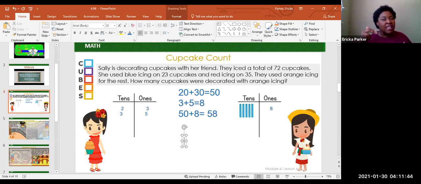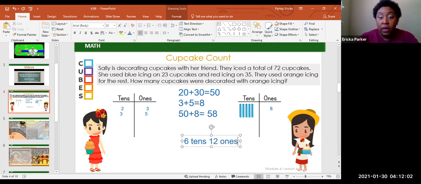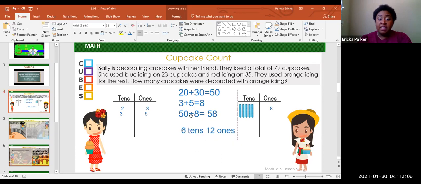So when we take one of those 10s away, that brings us to what? 60. That brings us to 6 10s. And how many ones now? Now we took that 10 from the 10s place and we're bringing it over to the ones. How many ones do we have now? We have 12 ones. Okay. And that's going to give us the 72.